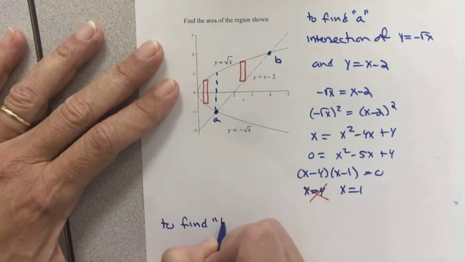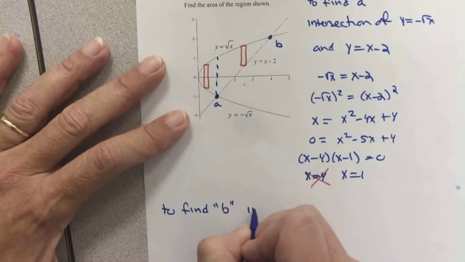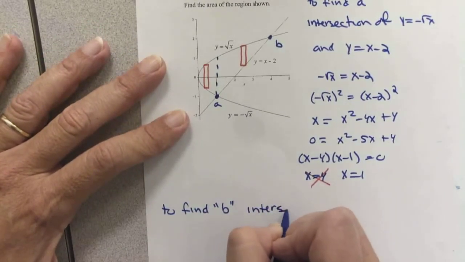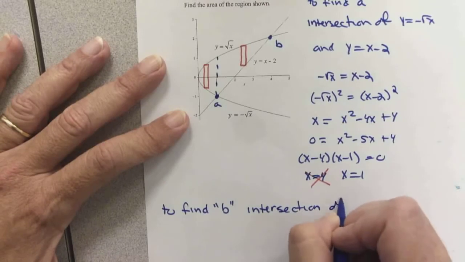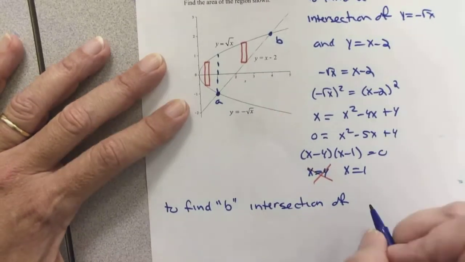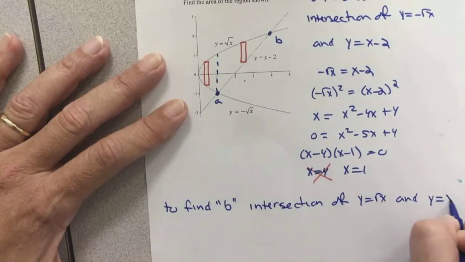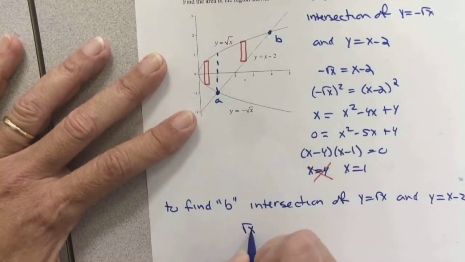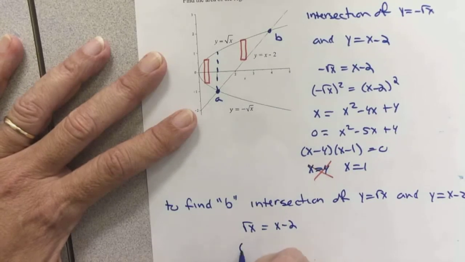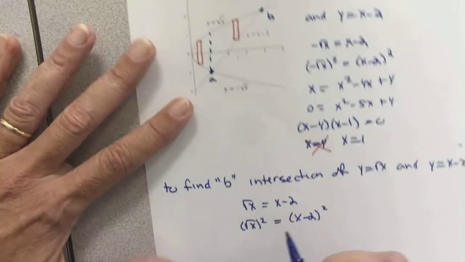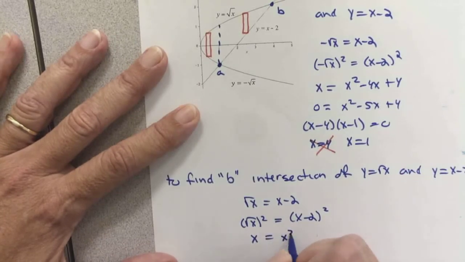To find B, it's the intersection of y equals square root of x and y equals x minus 2. So set those equal to each other. And notice we're going to end up with the same equation again.